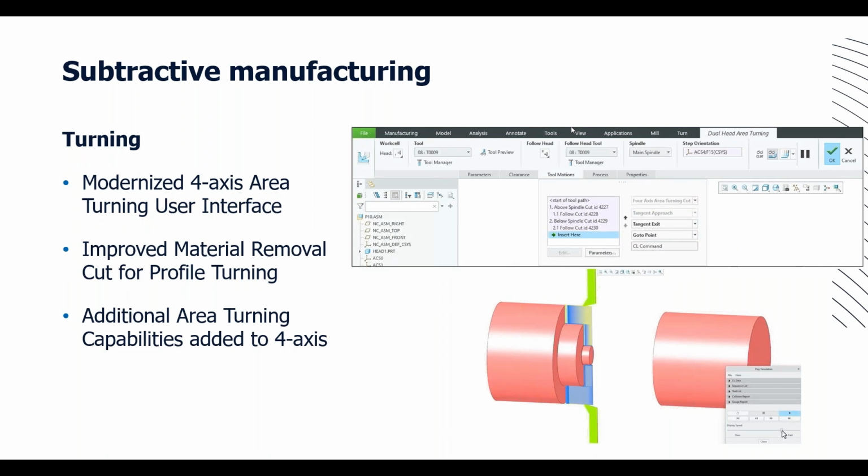For axis turning and turn milling, the combination of both, there are also some improvements. The new interface as well, so we have the new module structure, and some other things that are added to that. So some improvements in that area as well.